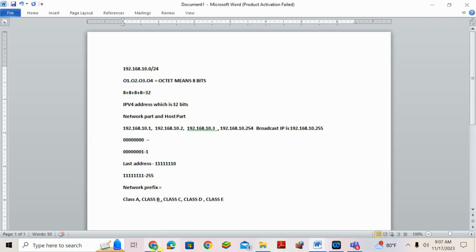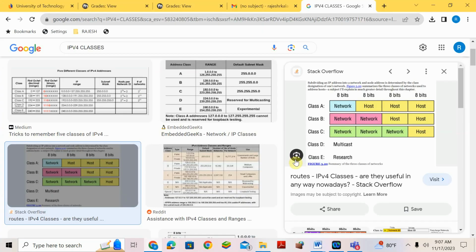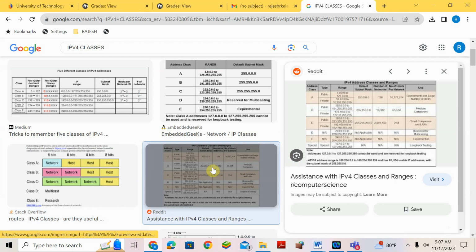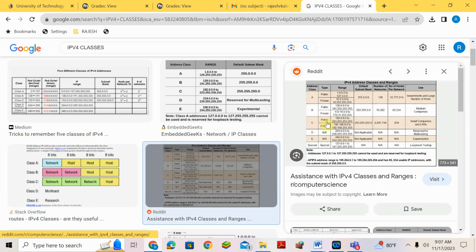Okay, now one more thing, in class A or class C, look at the first octet. If the first octet starts with 192, this one is private, okay, don't go for public, just private.